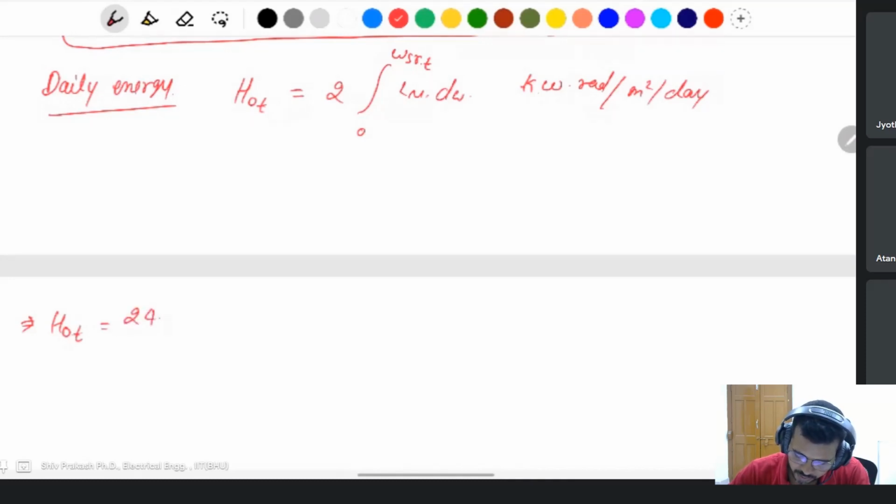Finally defined, it is 2 into k, the solar constant, pi. If we want to change radian into hour, we multiply by 12 by pi. Pi is equal to 12 hours or 180 degrees.